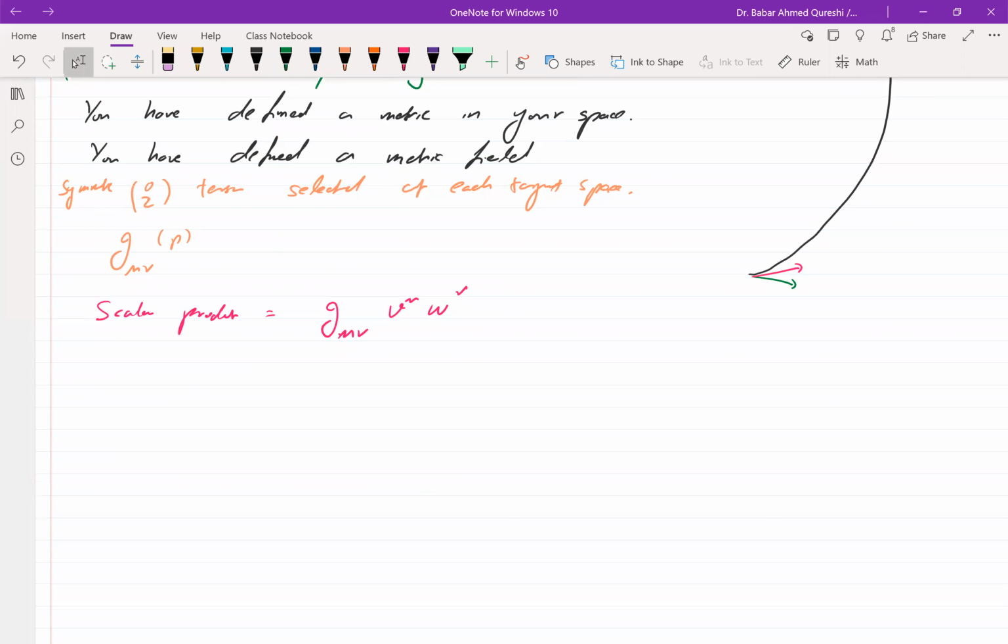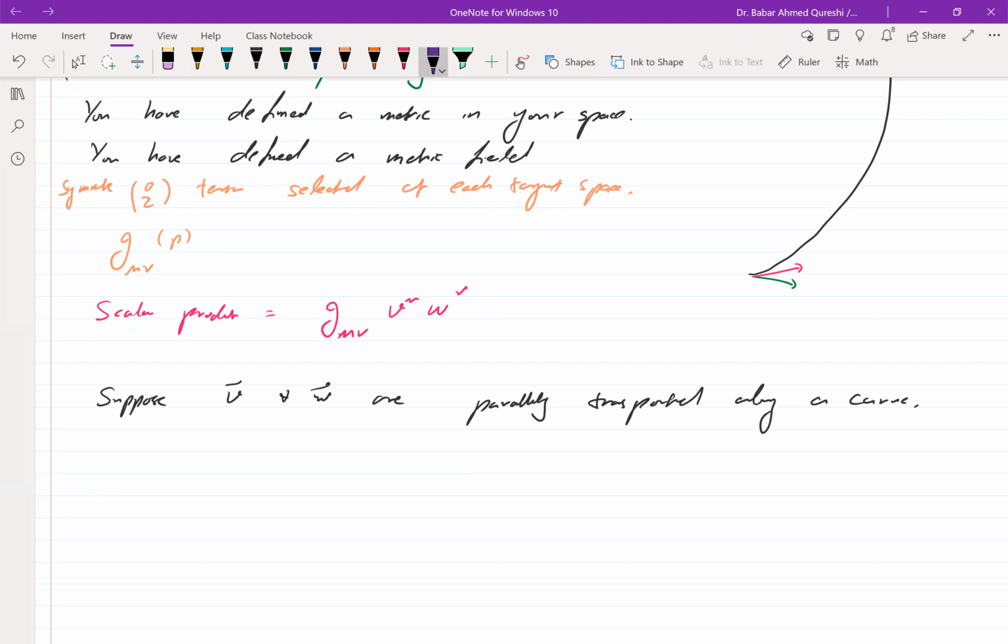So suppose V and W are parallelly transported along a curve. It's colloquial language. It essentially means you have defined a field which is covariantly constant along this curve.